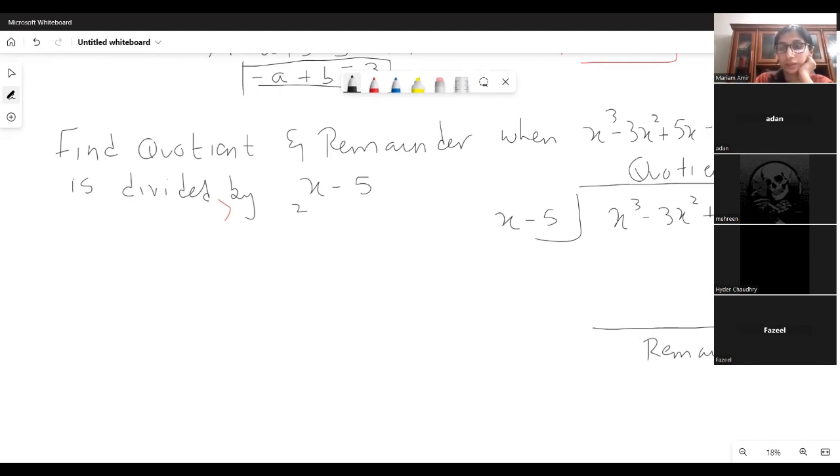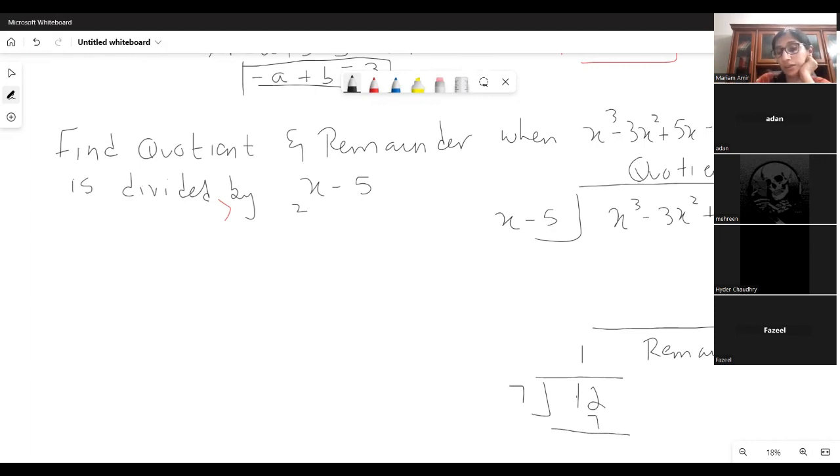Okay. Let's divide 12 with 7. What is the quotient when 12 is divided by 7? 1. 1, yes. And then we write 7 here.